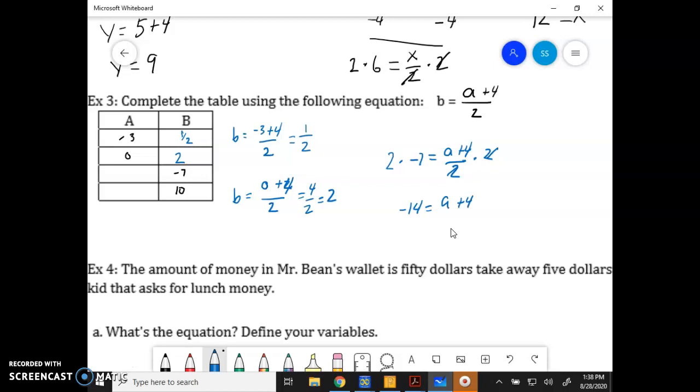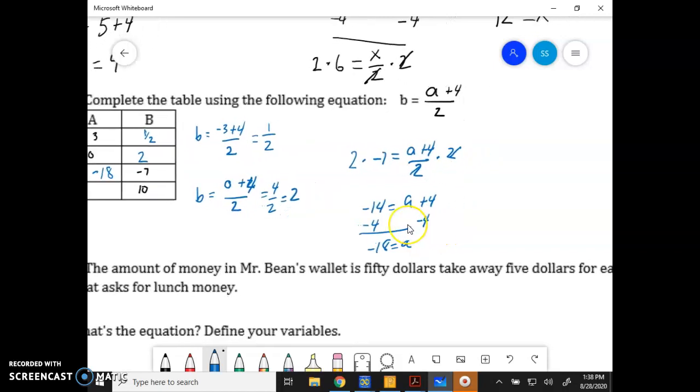Now I want to get this a by itself, so I get rid of this positive 4 by subtracting. And I get -18 is equal to a. So go over here, -18.